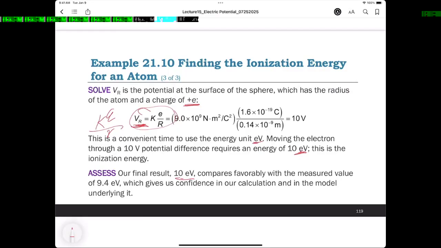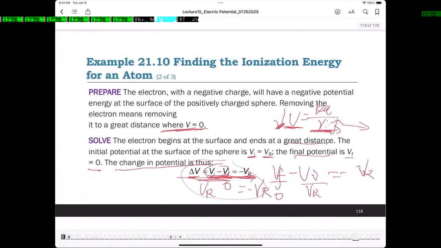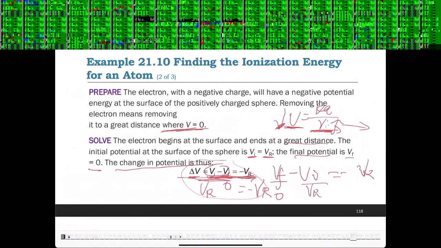You can check there is a table for how removing the electron works, what energy is required to remove an electron from the atom. That is the ionization energy.